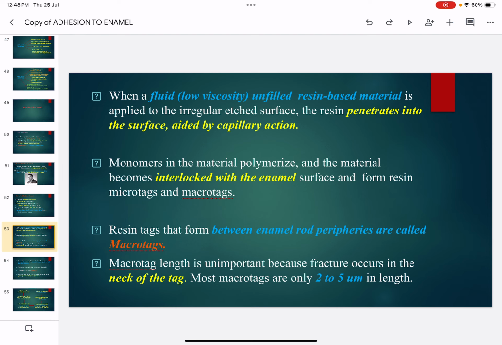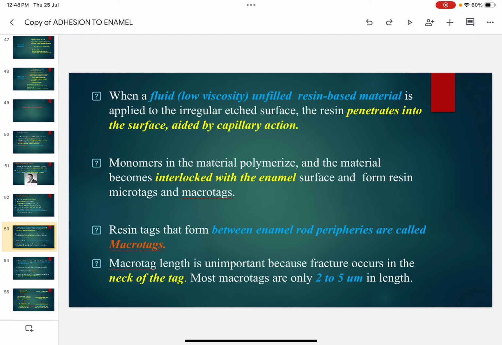And we know resins are basically monomers. So the monomer in the material will polymerize and the polymer will become interlocked with the enamel surface, resulting in formation of what we call resin tags.